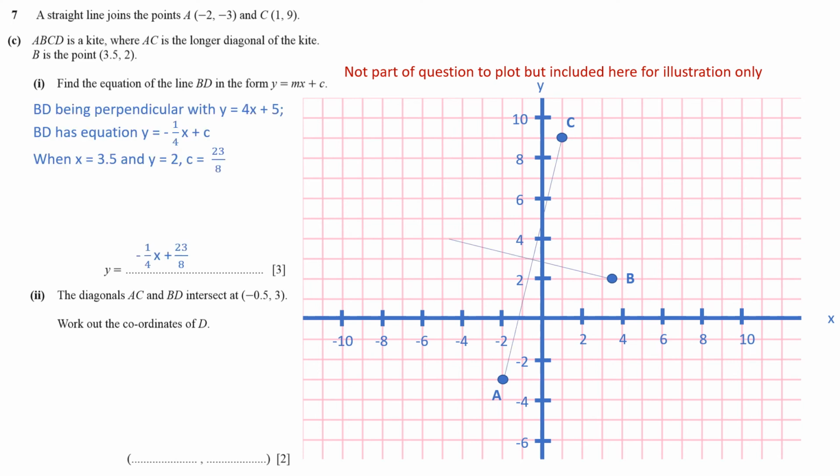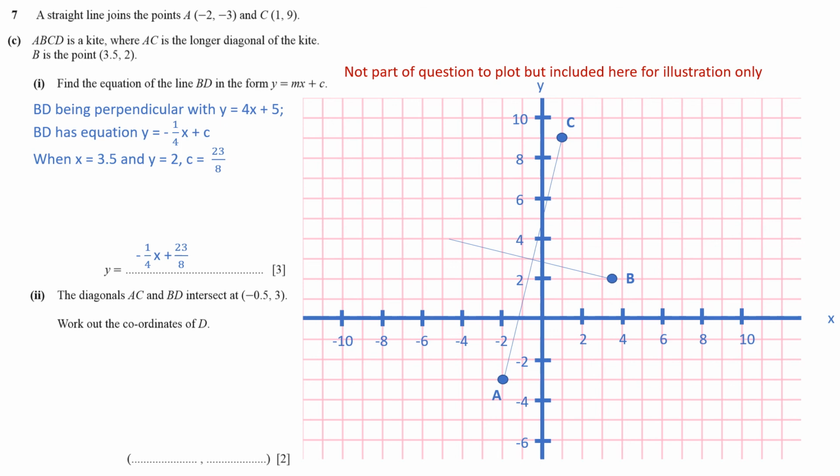With BD being perpendicular with y equals 4x plus 5, BD has the equation of y equals minus a quarter x plus c. By inserting the x and y values of one of its coordinates, c can be solved as 23 over 8. With that, y would equal minus a quarter x plus 23 over 8.